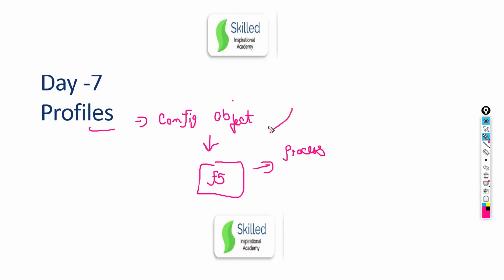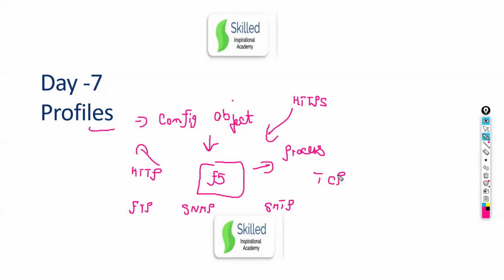Let's say I'm getting HTTPS traffic. I'm getting HTTP traffic. I'm getting FTP traffic. I'm getting SNMP traffic. I'm getting SMTP traffic. I'm getting TCP traffic. How will F5 come to know whether it's TCP traffic or HTTP traffic? Through different profiles.